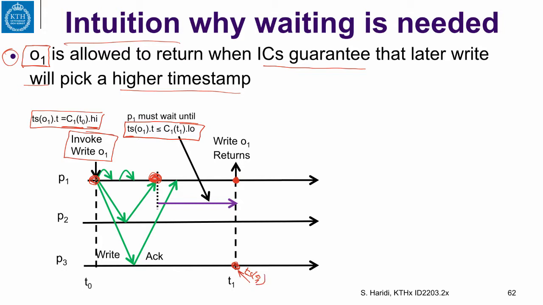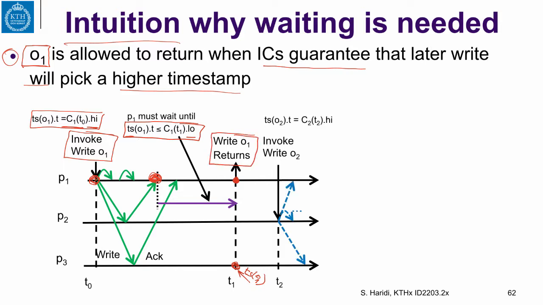So at this point, the clock lower bound will have a value that surpasses the timestamp. Then we can return the operation. After that, we can invoke another write operation, and we get a new timestamp for this write operation, which is the higher bound of the current interval clock here. So this is fine, and we see why it's fine.